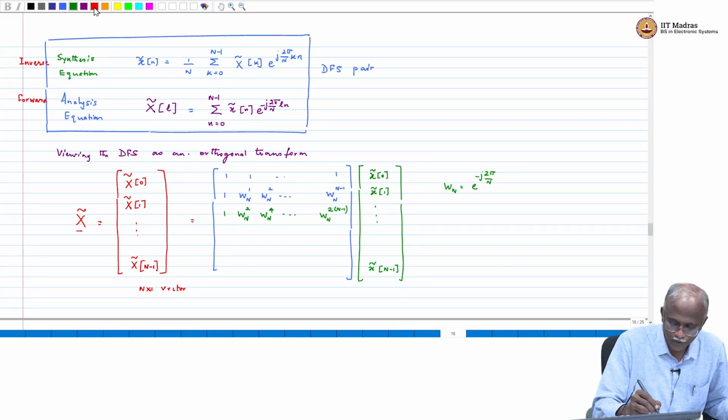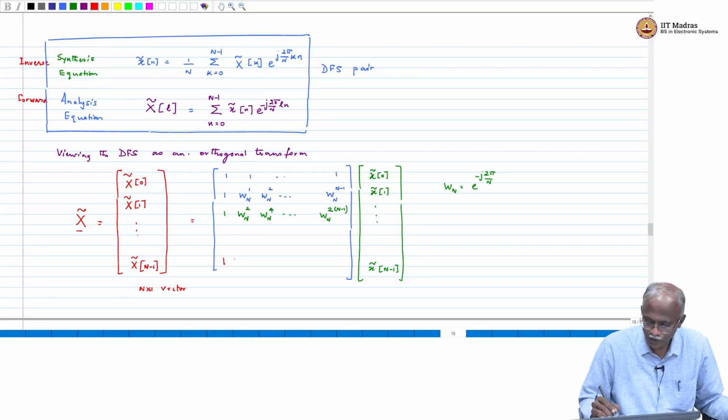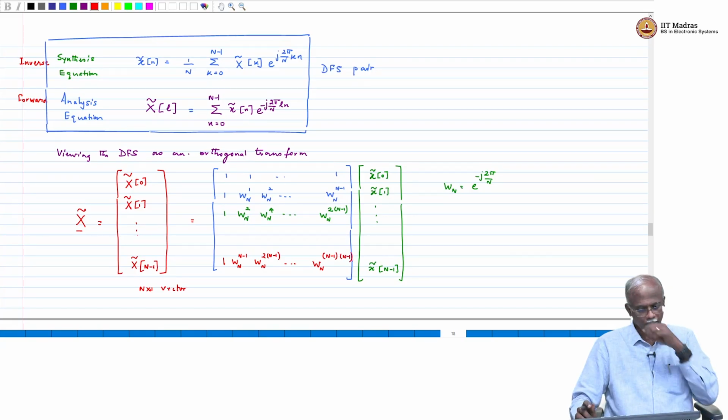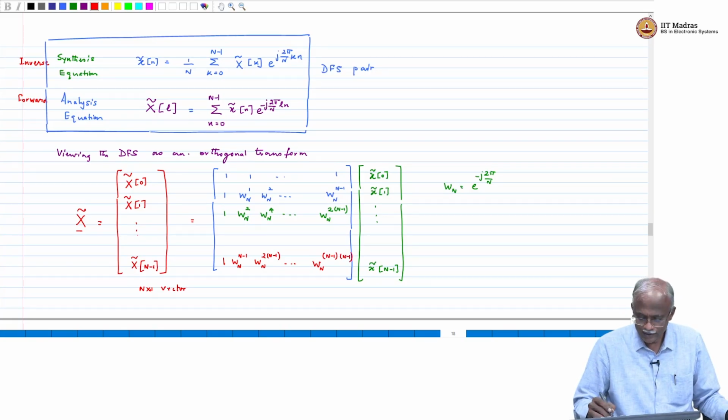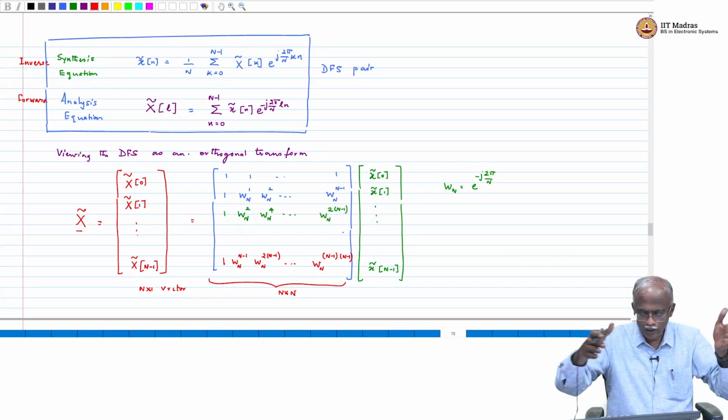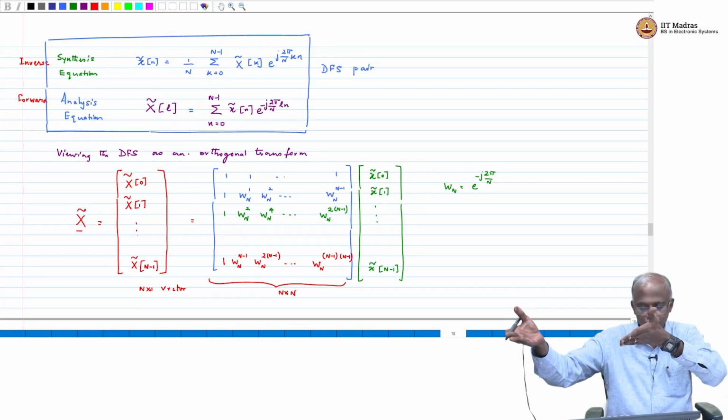If you continue in this fashion and come to the last row, this will be 1, w subscript n raised to the power n minus 1, second term wn raised to the power 2 times n minus 1, and the last term will be w subscript n raised to the power n minus 1 times n minus 1. So this is an n cross n matrix, and all the entries are complex exponentials.